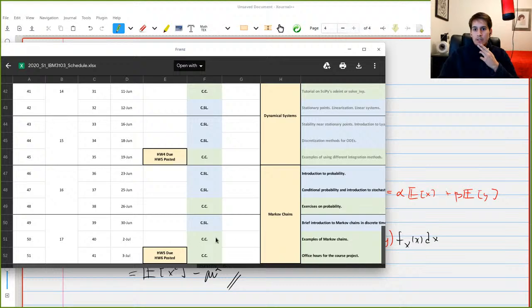On Thursday I'll have examples of Markov chains, and previously on Monday, you'll see a brief introduction on Markov chains, and on Friday we'll have an office hour or discussion about the project.